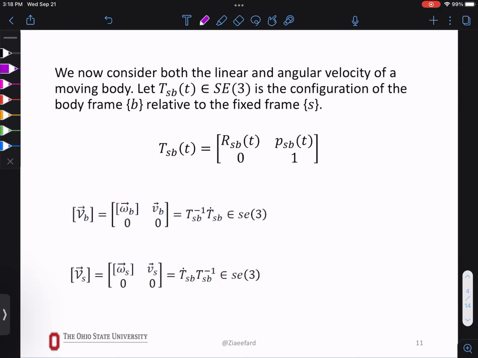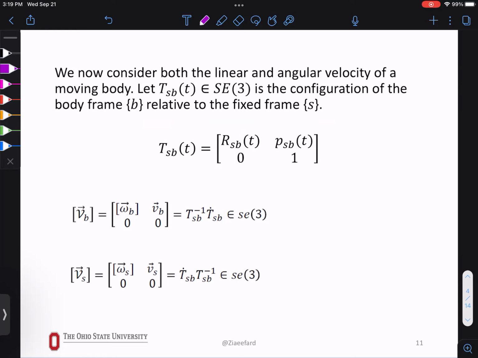To find the matrix, you just take the derivative of each element. Now, if we have Vx with respect to a fixed frame, we just put them. It makes sense because we're looking from the body frame. Now we are looking from this, so it has to be just the inverse, like the direction is being put.